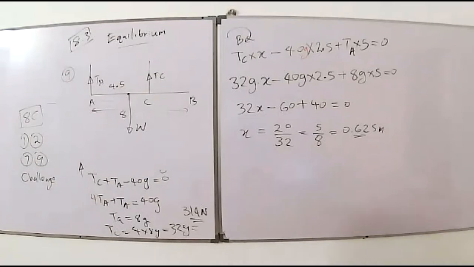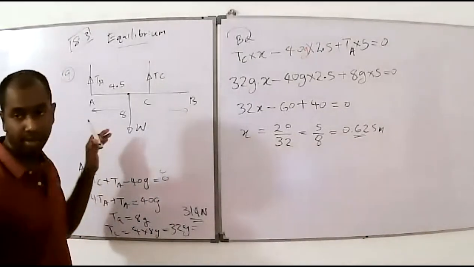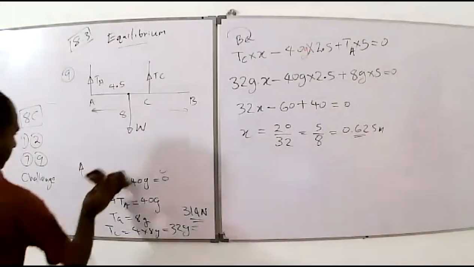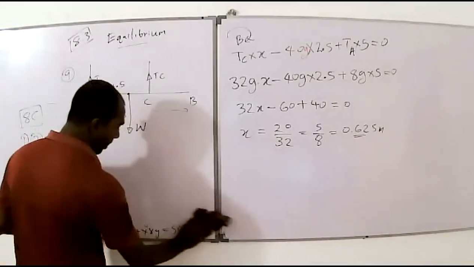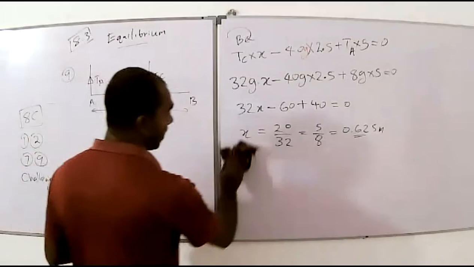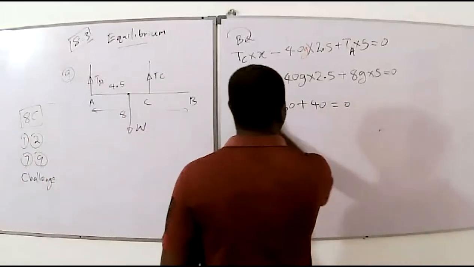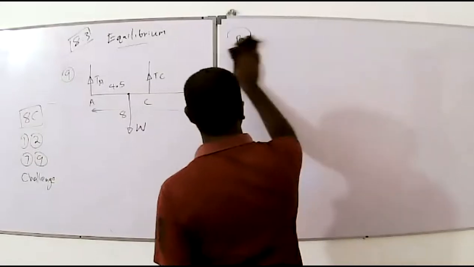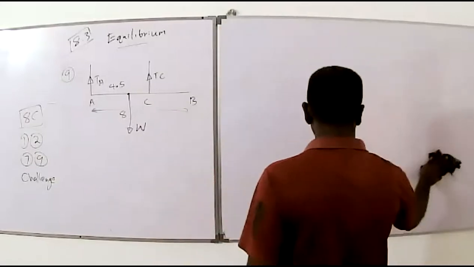I am not going to do the board question again, but you can cover it from question number 7. Some of you said that you got the same answer. But what about the tensions? I think it will be wrong. TC and TA are not correct the way that I took them, because there is another particle hanging.